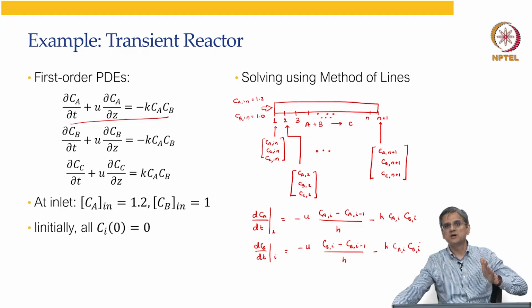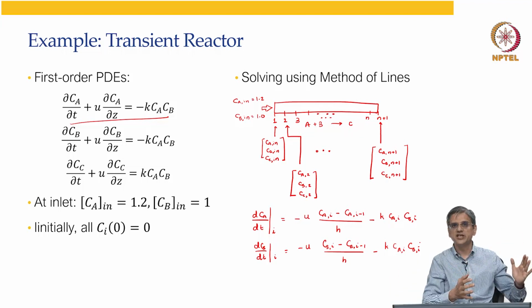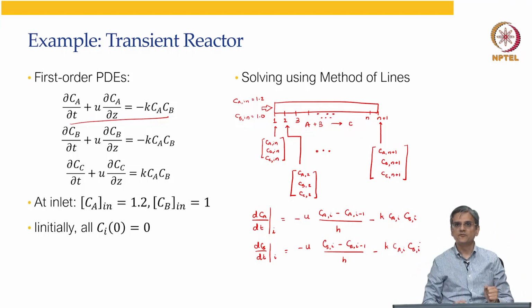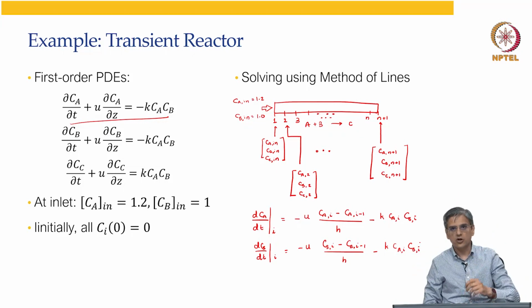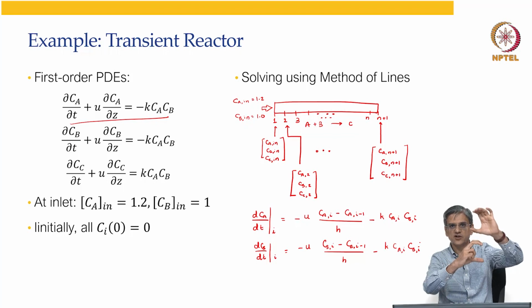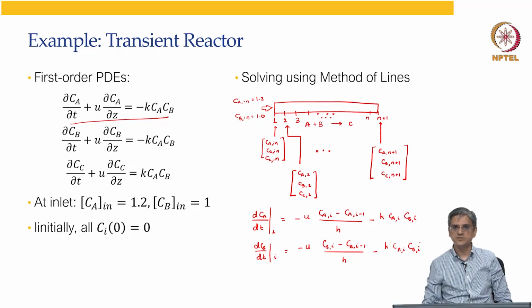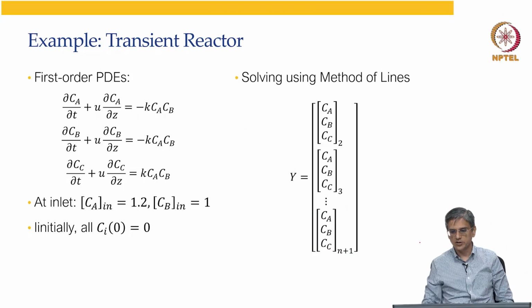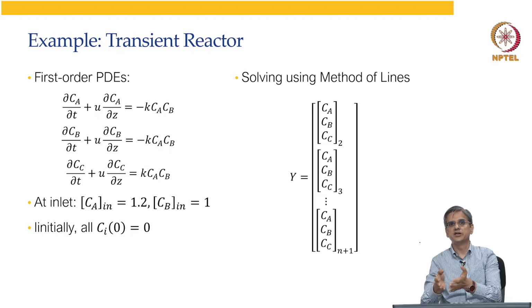We have to remember that ODE15s requires T and Y. Y is a column vector. So what kind of column vector will Y be? Y will be CA, CB, CC at 2, CA, CB, CC at 3, CA, CB, CC at 4, and so on up to CA, CB, CC at n plus 1. That is exactly what I have written over here.